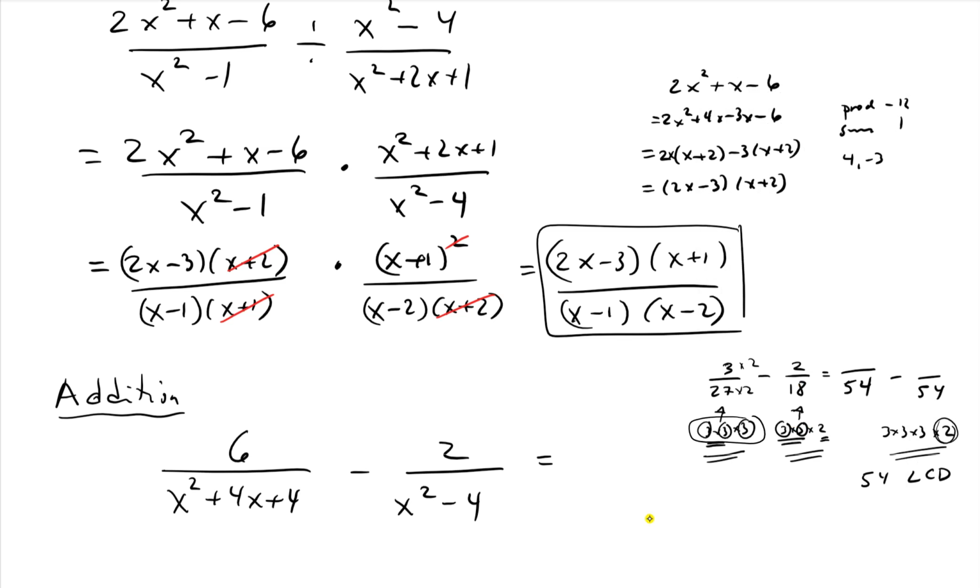You don't have a 2 times 2 here, so you get 6, and then here 18 you need to multiply by 3. Hang on, so you need to multiply this guy by 3 here, so you get 6 here.